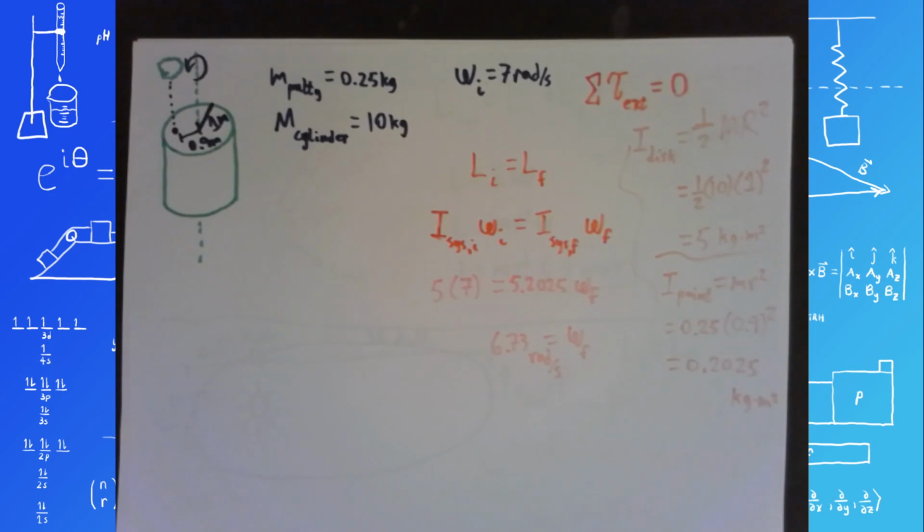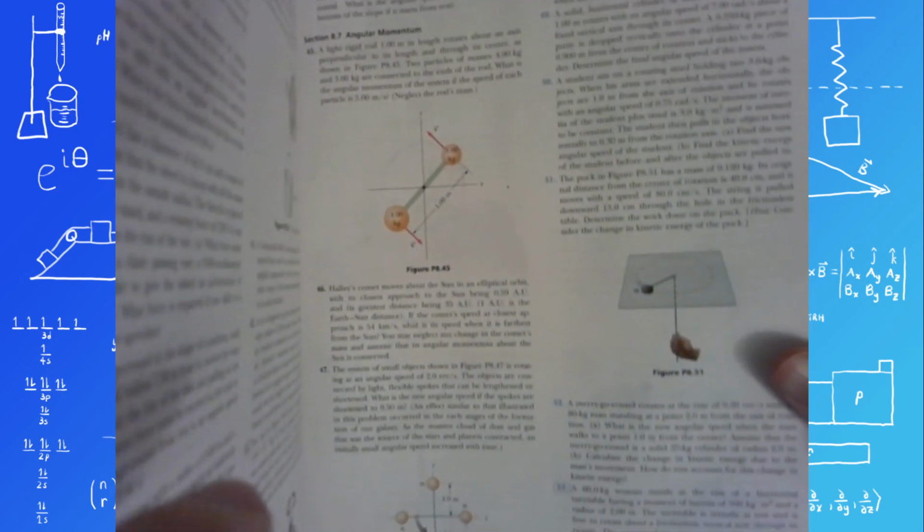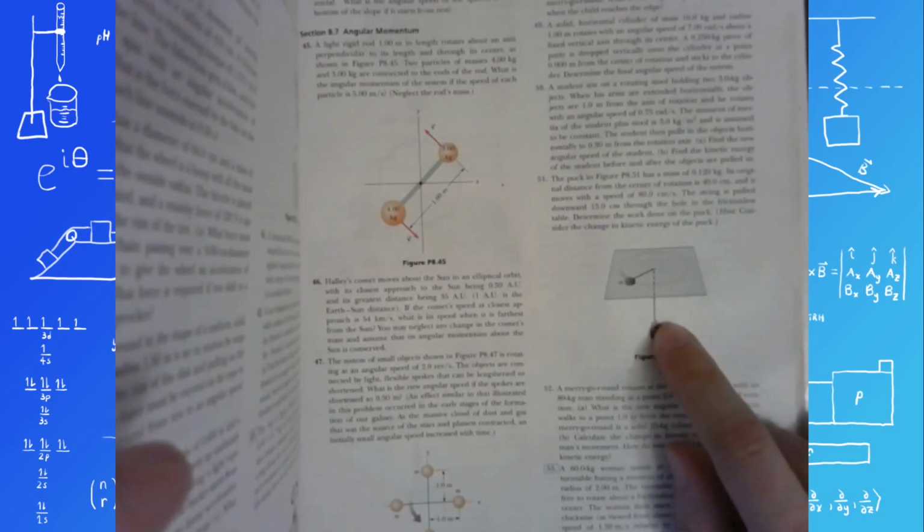51 says, the puck in the figure has a mass of 0.12 kilograms. Its original distance from the center of rotation is 40 centimeters. Let me actually put this one in front of you guys. So that's the figure that they're referring to.